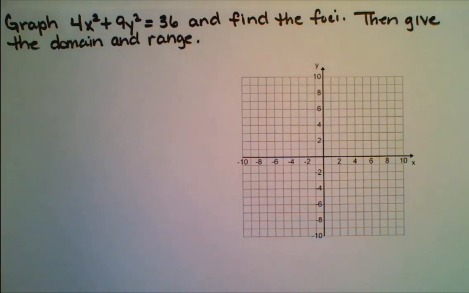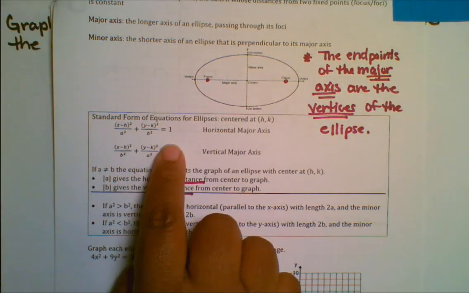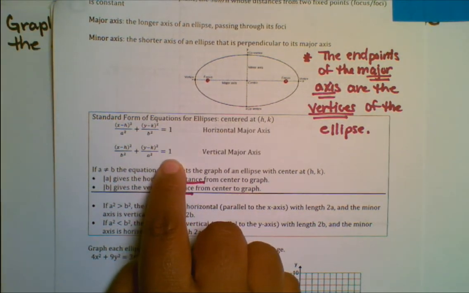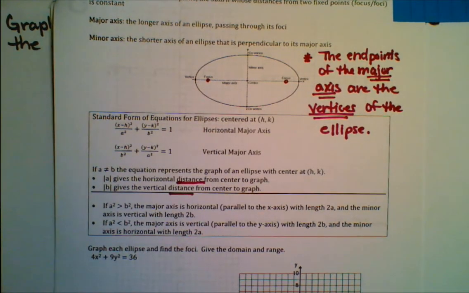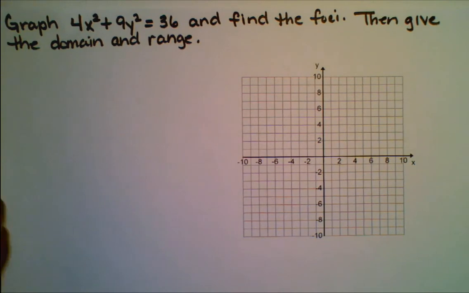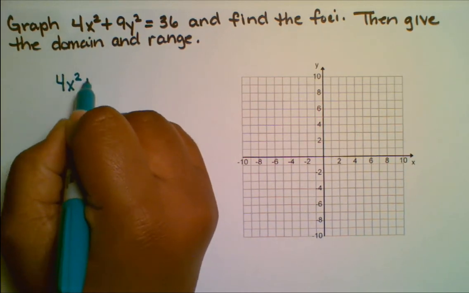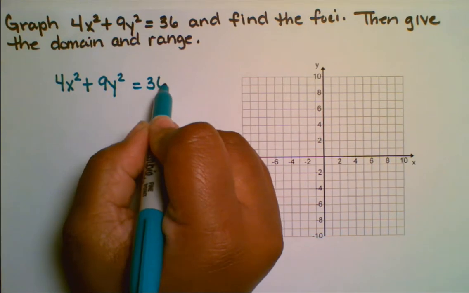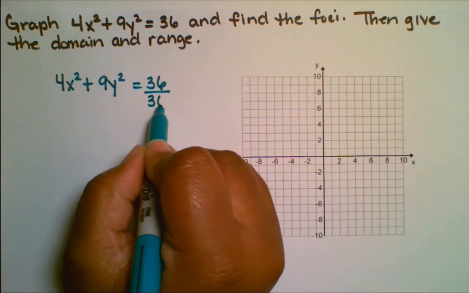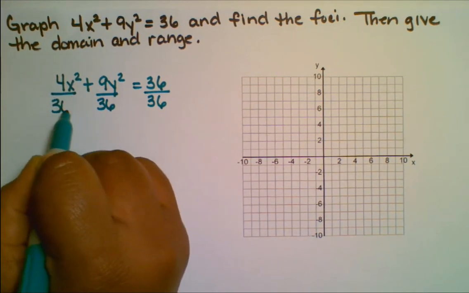Going back to our formulas, the standard form, we want to convert this equation so it's equal to 1. So how are we going to do that? How do I make the right hand side equal to 1? Well, we'll have to divide both sides of the equation by 36.